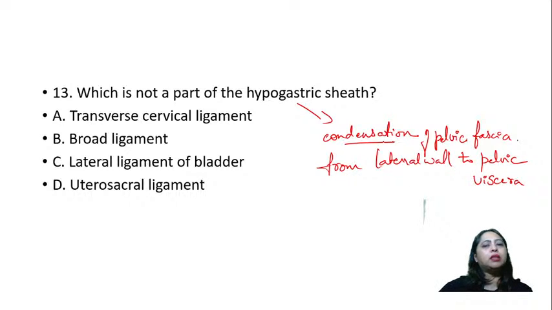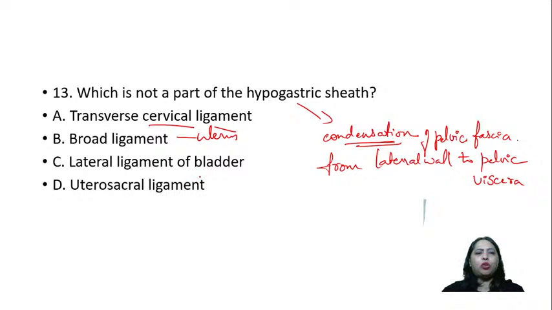Now with this hint, you tell me. So transverse cervical ligament, is it in the cervical ligament? Broad ligament, this is in the uterus. Lateral ligament of bladder, uterosacral. Now, which one is the answer?